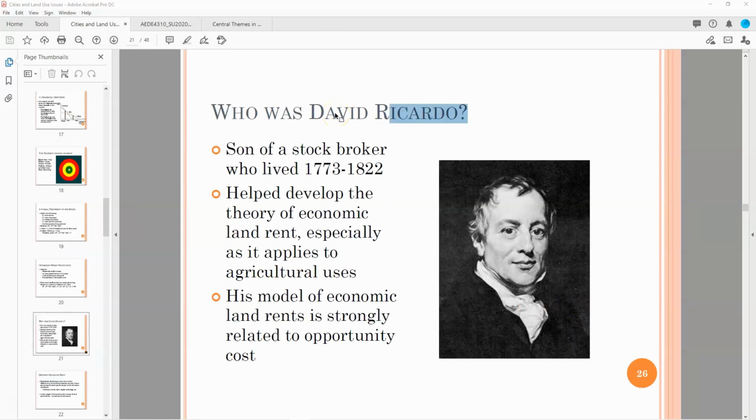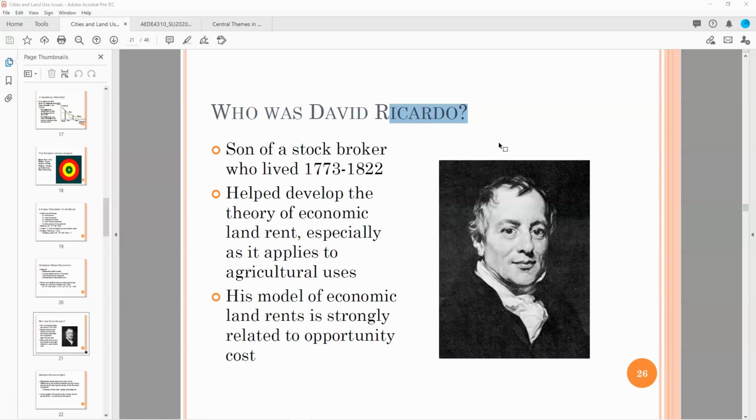Okay, so next person we are going to talk about is David Ricardo. He is the son of a stockbroker who lived from 1773 to 1822. He helped develop the theory of economic land rent, especially as it applies to agricultural uses.